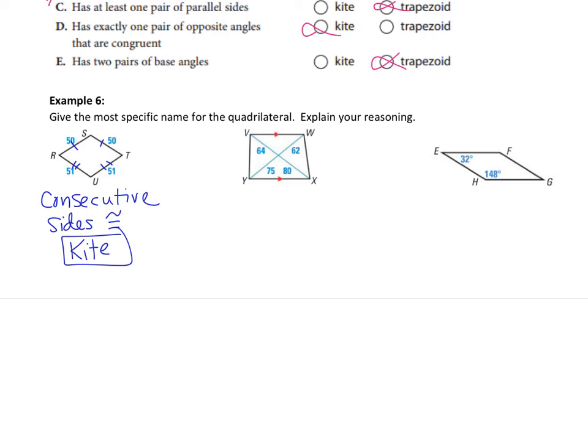On the second one, I see that we have some different markings in for our diagonals, and if you notice the diagonals are not congruent, this tells us it's not going to be a rectangle, it's not going to be a square because that needs to be true, but we do have one set of opposite sides that are parallel to each other.